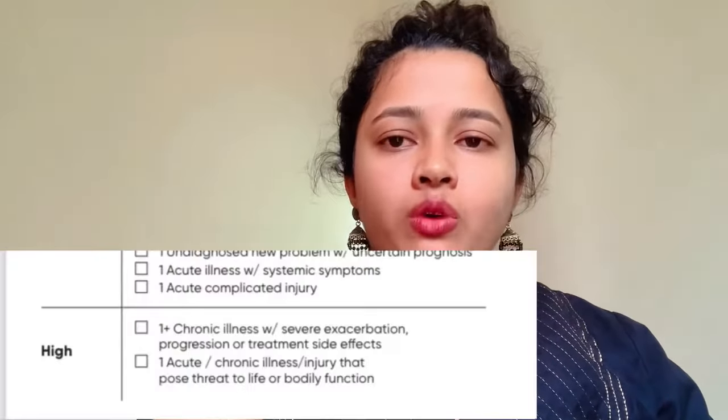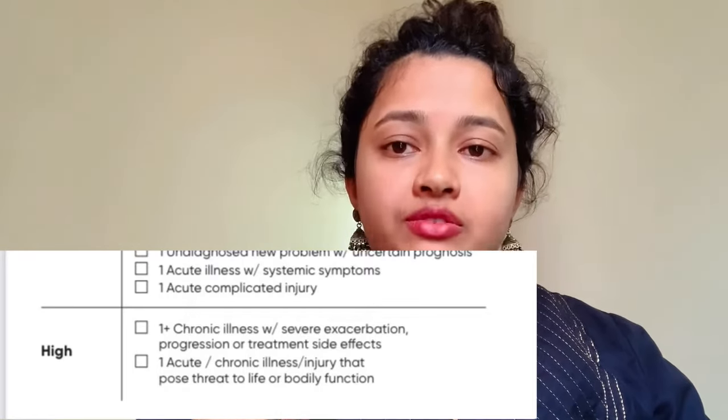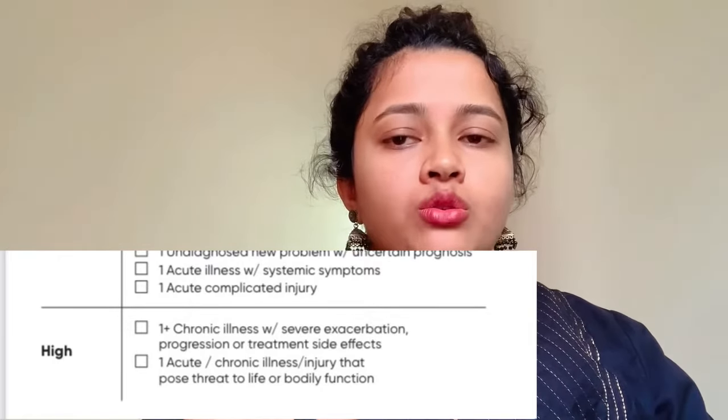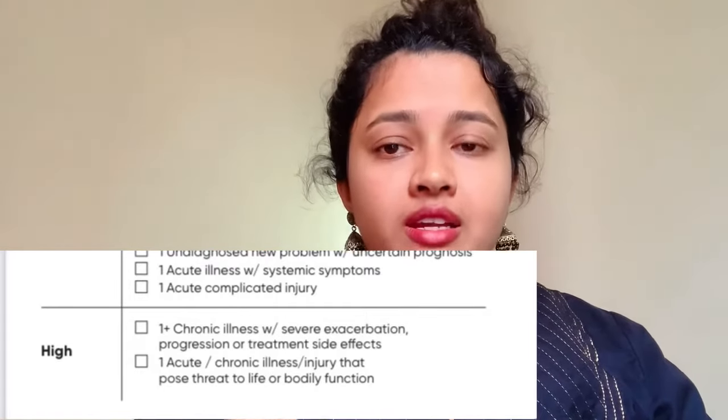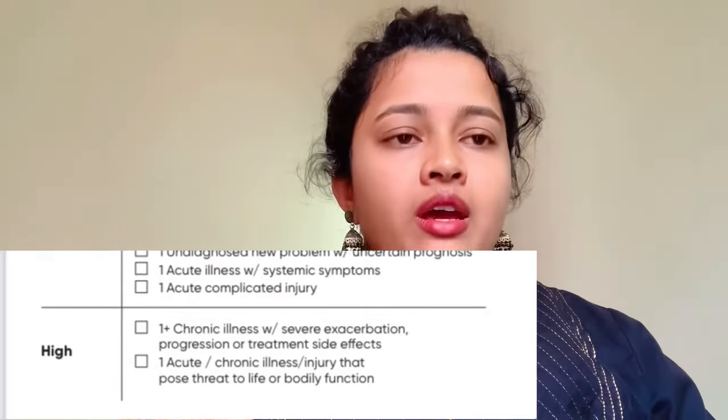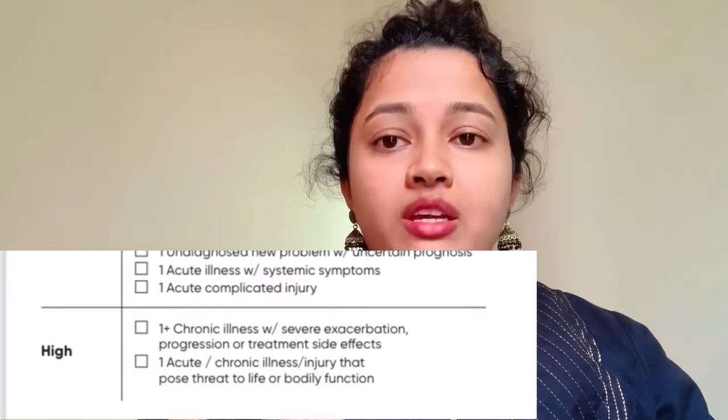Next, coming to the high level, here you need 1 plus chronic illness with severe exacerbation. You should have documentation where the condition is severely exacerbating. And then 1 acute or chronic illness or injury which poses a threat to life. Mainly here the condition should be life threatening.